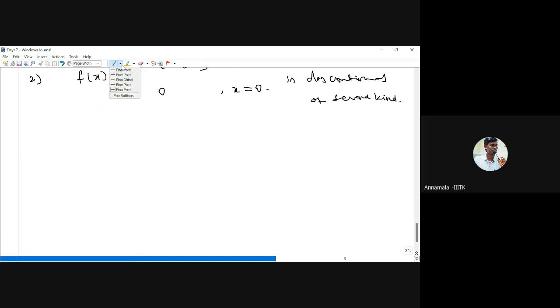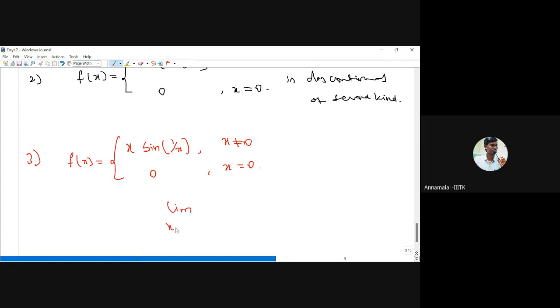I am going to multiply x with sin 1 by x. So f of x equal to x into sin of 1 by x, where x is non-zero, and 0 if x equal to 0. Now, we already know the limit as x goes to 0 of x into sin 1 by x. Sin 1 by x is a bounded function, and x goes to 0, therefore the product goes to 0.